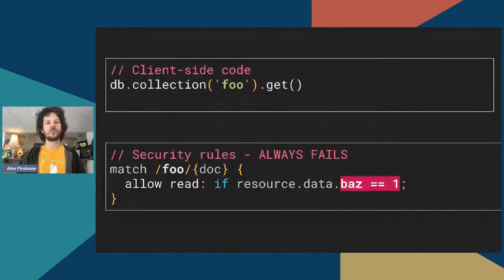So that's the main reason why you can't use it like this. You can't just say, give me all the documents in a collection, and knowing that there is no document that has a base, expect that the rule will pass. No, the rule will fail. In this particular case, it will fail because there is a possibility that somebody might add a document in your database later on, which will fail this particular security rule.